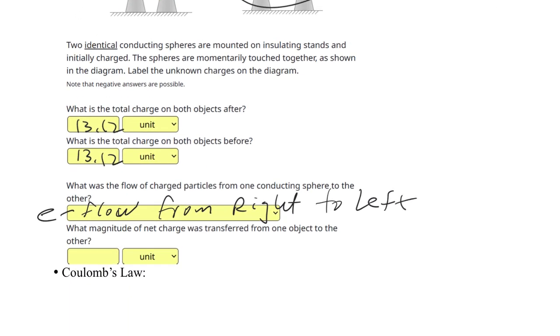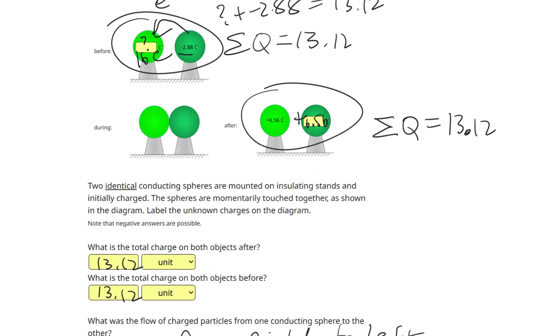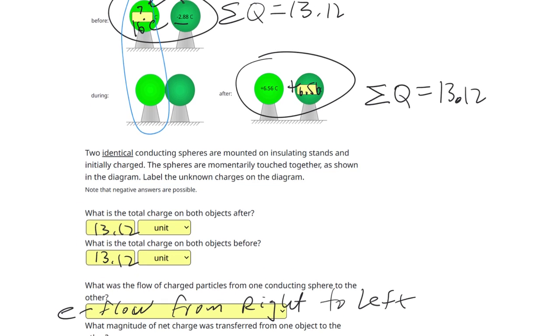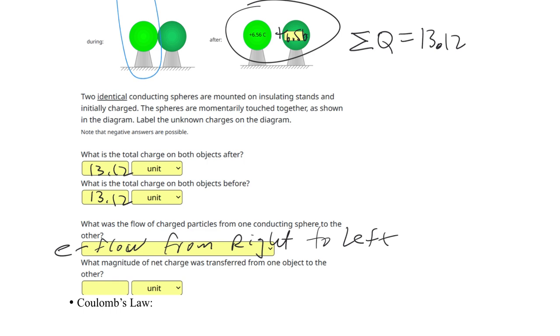What size net charge is transferred? Okay, so here's what we're gonna do. It doesn't matter which one you pick. Let's pick this one. So you went from 16 to 6.56. 16 plus what equals 6.56?